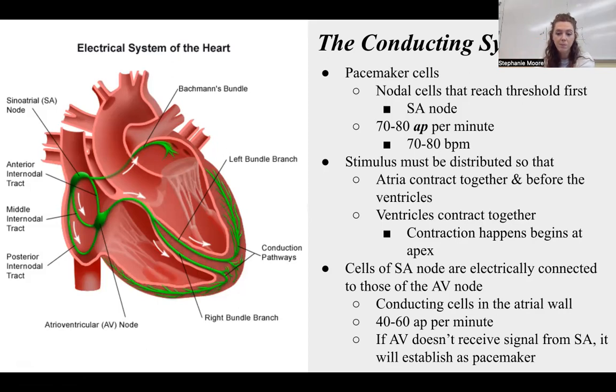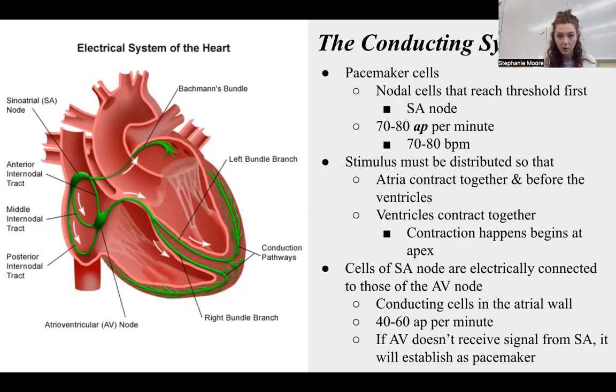So 40 to 60 beats per minute, at the lower end of rest. It's still able to make things contract, but it's going to be a lot slower, because our primary pacemaker cell is not working.